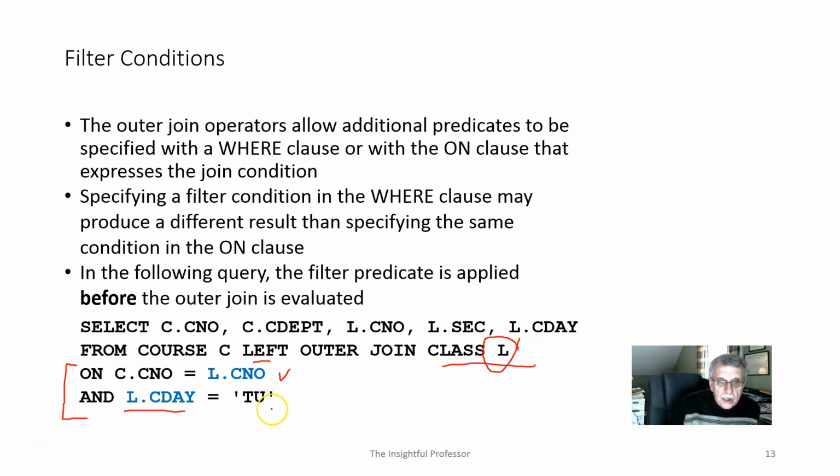Right? Because class is designated as the right, and CDay is a column in class. The filter applies to the right table. So what happens? The filter is applied before the outer join is evaluated. So what that means is the classes that are held on Tuesday are the only rows from the class table that are used to apply the outer join with course, because we did the filter before doing the outer join.